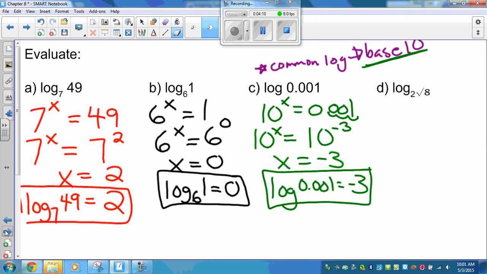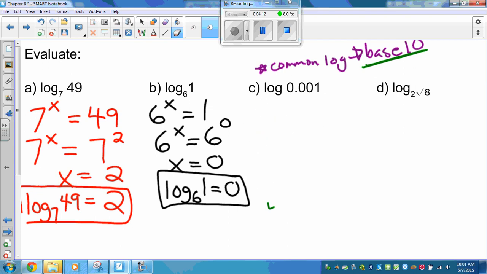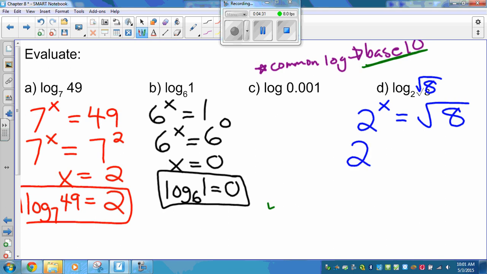I'm going to erase this last one just so I have room for the final question here. Log base 2 of the square root of 8. So 2 to the power of what is equal to the square root of 8? Well, 2 to the power of x equals 8 to the 1/2. That's the same as square root, it's to the power of 1/2.